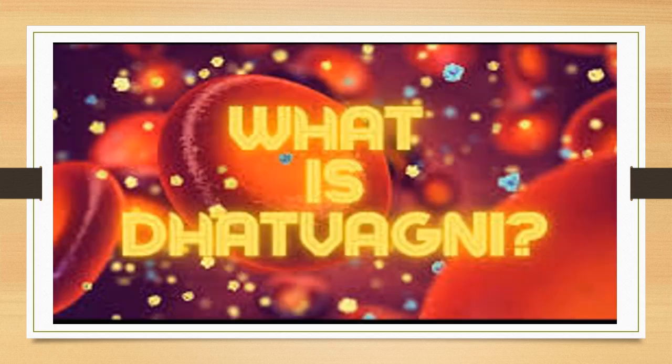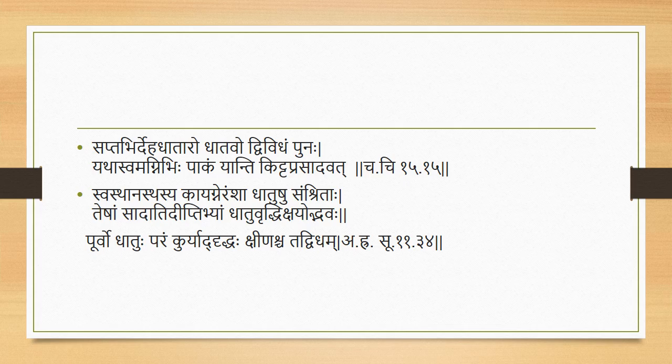What is the Dhatu Agni, what is its site of action and what is its mode of action? The seven components of the body which bear and support the body are known as Dhatu, and the Agni present in these Dhatus are called Dhatu Agni, such as Rasagni, Raktagni, Mamsagni, Medagni, Asthyagni, Majjagni, and Shukragni. They transform the ingested food into two categories: one is the Sar and the second is the Kit.